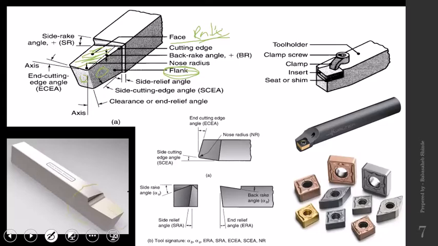Because if you use this cutting tool to remove the material, this is the actual point that is going to cut the material, and the formed chips are going to slide along this face. So this face is nothing but this highlighted top face. So this face decides the chip flow. How the formed chips flow across this cutting tool will be decided by this face. Whereas these two flank faces are necessary to provide the clearance between workpiece and cutting tool.